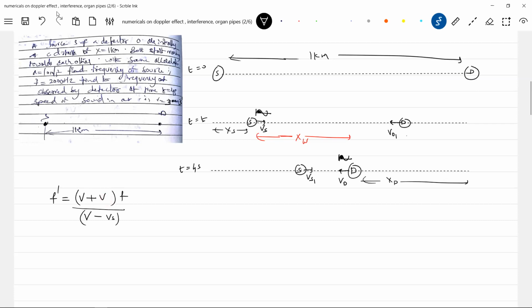What are VO and Vs? VO is the speed of the observer when sound is heard.